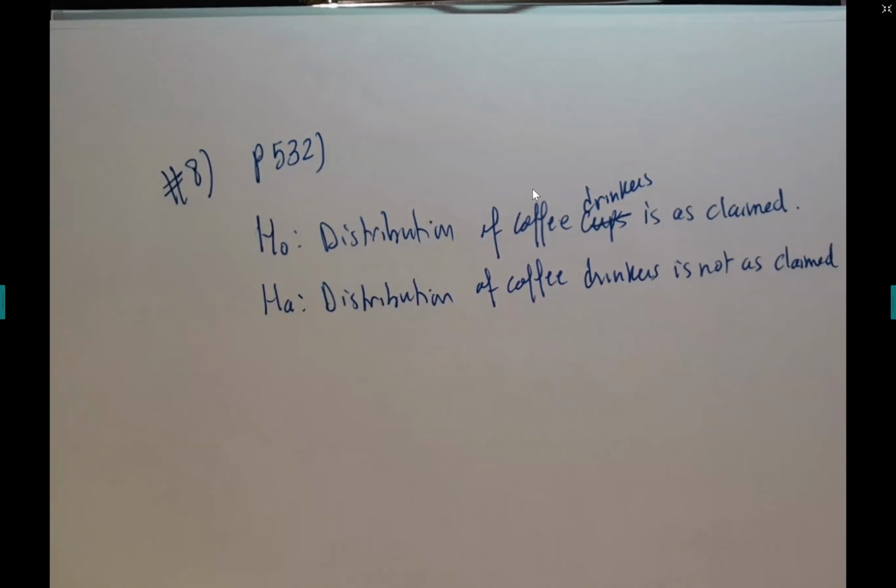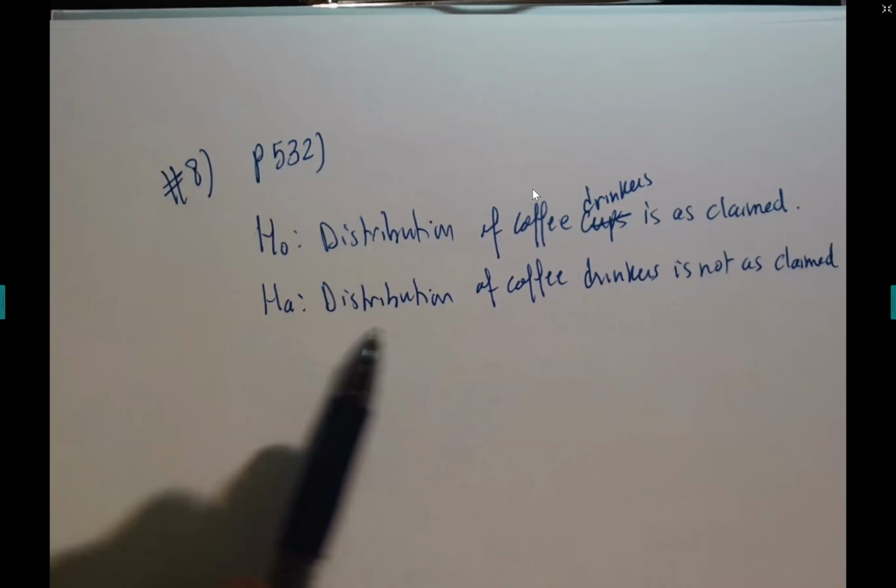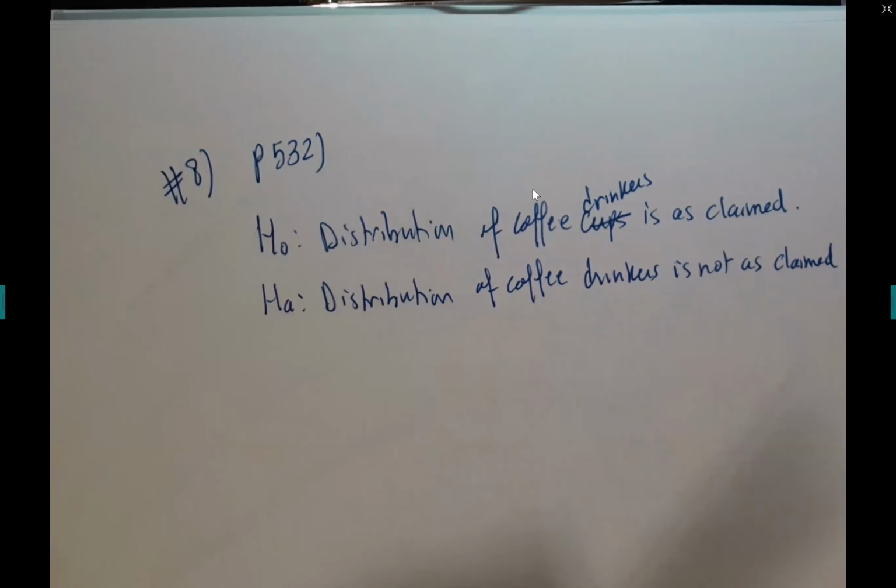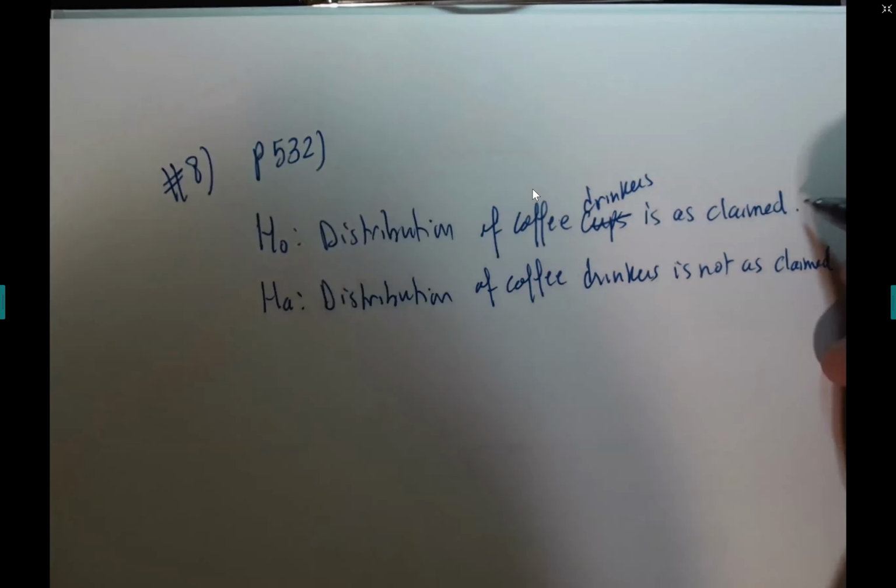If you're using MyMathLab, if it has an option to say has changed, you select that one because it is the same as is not as claimed. And since the researcher claimed that the distribution is the following, and we want to check the researcher's claim, the claim happens to be in H0 here.